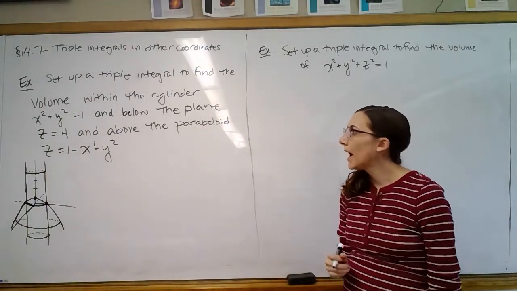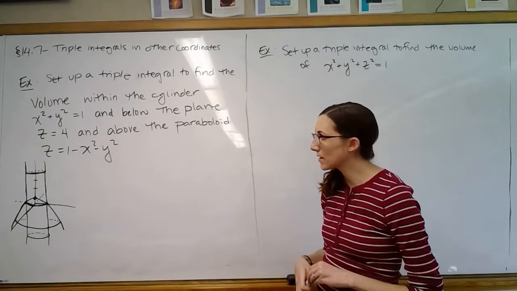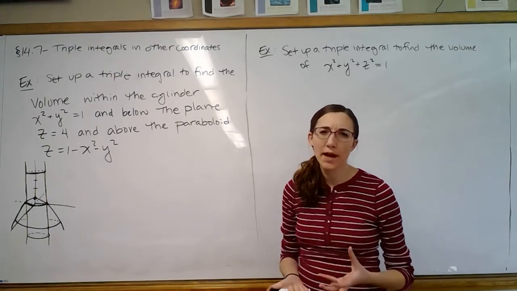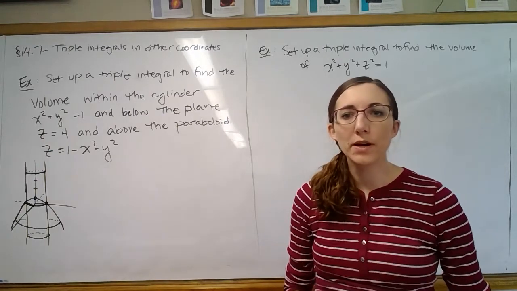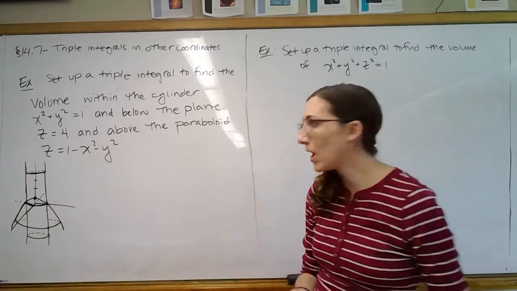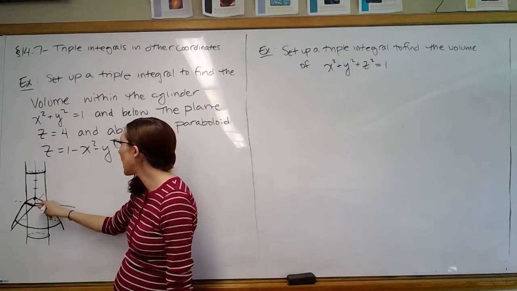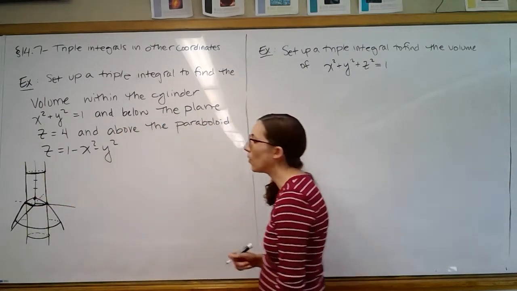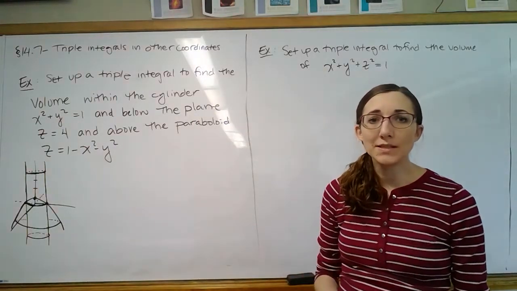And then we want to be above the paraboloid z equals 1 minus x squared minus y squared. So to picture that, I just picked a few points. Well, what's z going to be when x and y are 0? It's going to be 1. And then what's it going to be at the point 0, 1, 0? So at 1 on the y-axis, z is going to be 0.